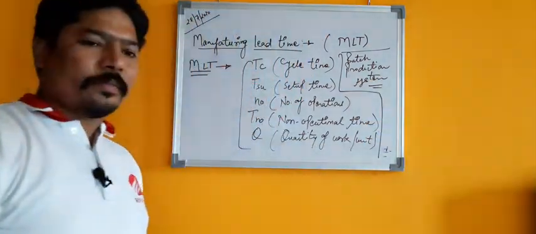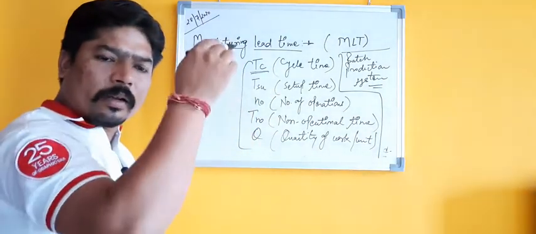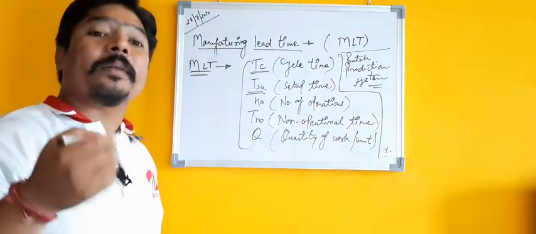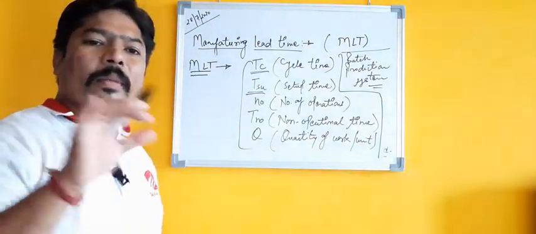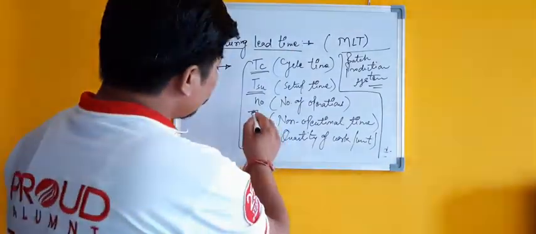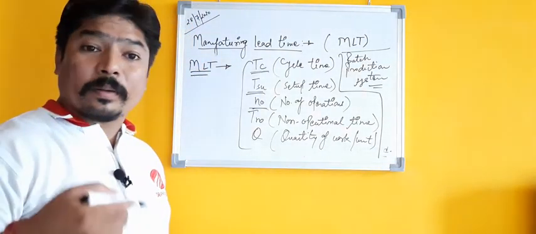Here, for example, we are talking about the batch production system. TC will be the total cycle time for that particular component, part or product. TSU will be the total setup time, the time required to set up the machine or the tool for that particular part's manufacturing. Clear? NO will be the number of operations required for that part's manufacturing.